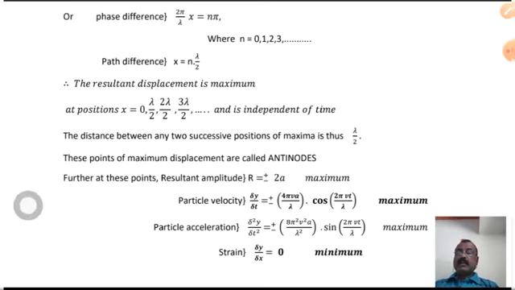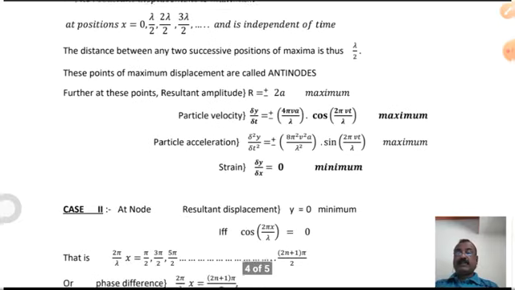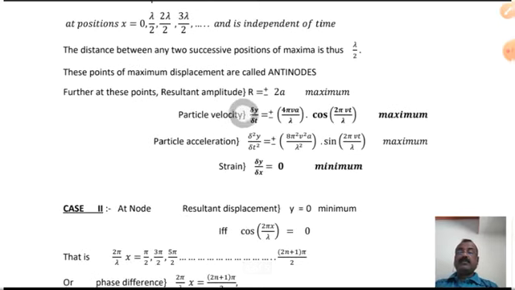Further, at these points, the resultant amplitude is plus or minus 2a. Similarly, if we simplify, the particle velocity at antinode is plus or minus 4 pi Va by lambda into cos 2 pi Vt by lambda, which is maximum.